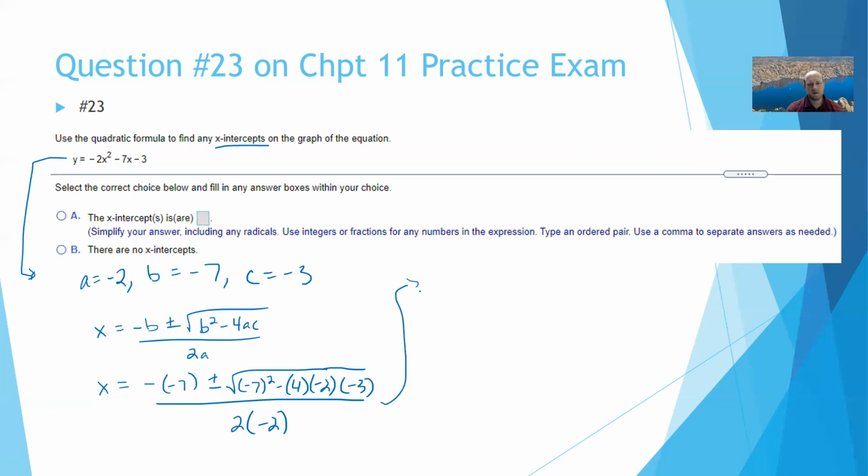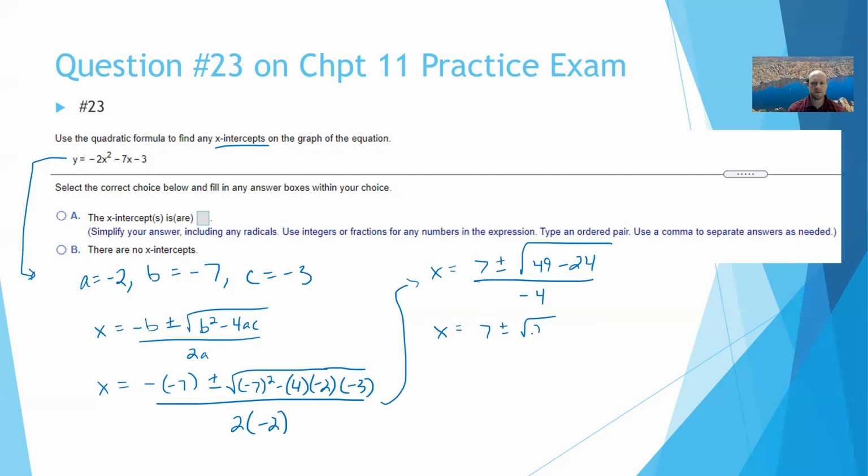And this is going to give us 7 plus or minus the square root of 49. 4 times 2 times 3: 4 and 2 is 8, 8 times 3 is 24. We have 3 negatives, so it's a -24, all over 2 times -2 is -4.